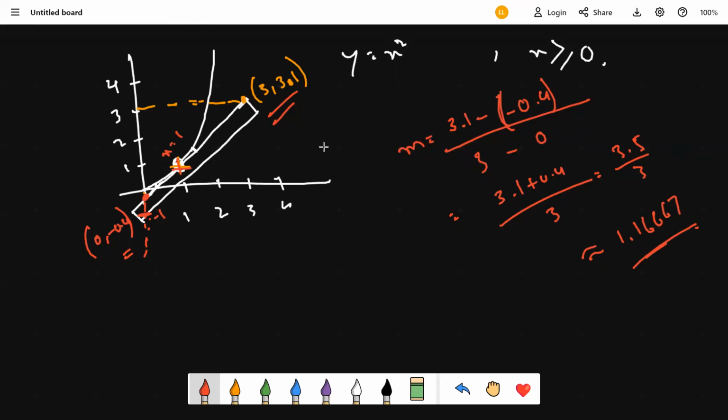Now, talking about this, it gives us only approximate values. Using the ruler, we are not getting as accurate or exact a value as possible. So there we get to introduce the term differentiation.